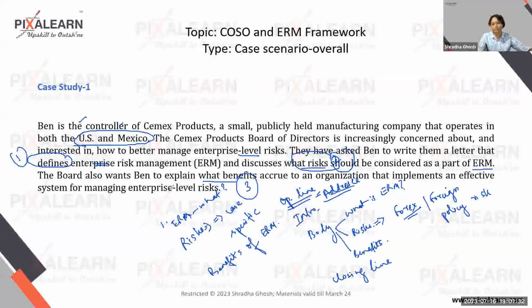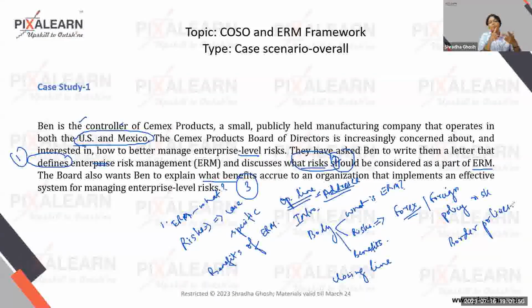Can you write about something very specific to US and Mexico? Can you give me something very specific to US and Mexico, guys? Anybody here? I'm looking at something which is very good, Gayatri. Border policies, right? That's one thing which is very specific to this case. Anything else?